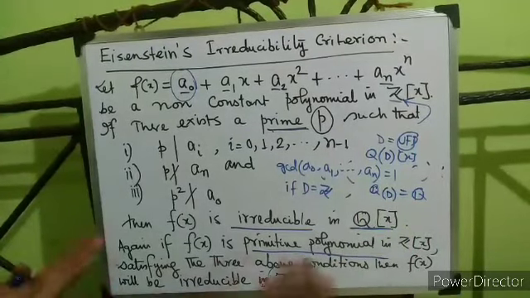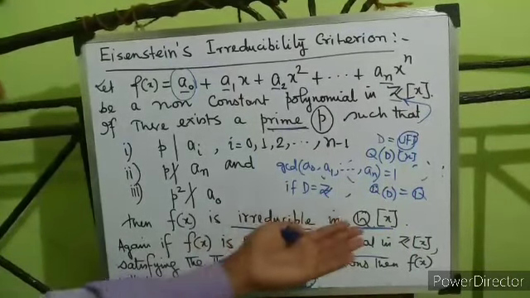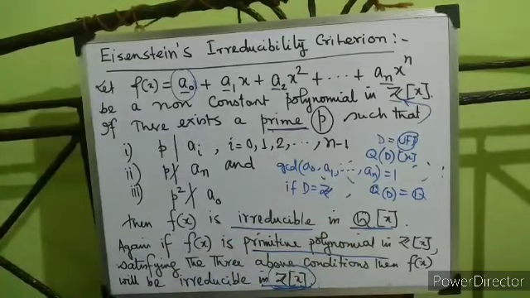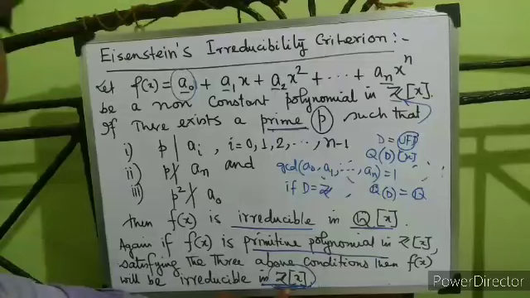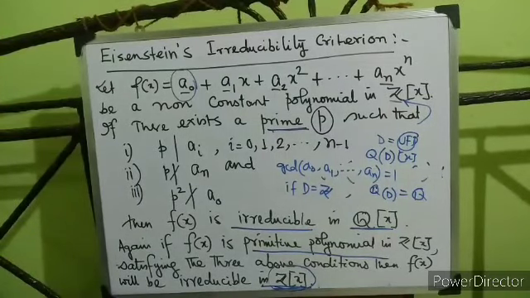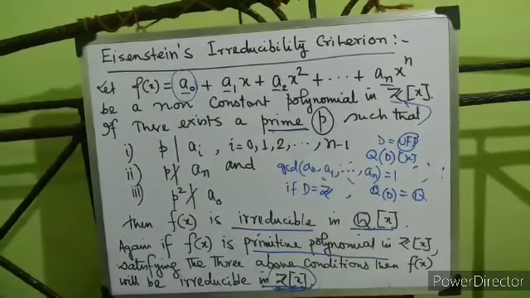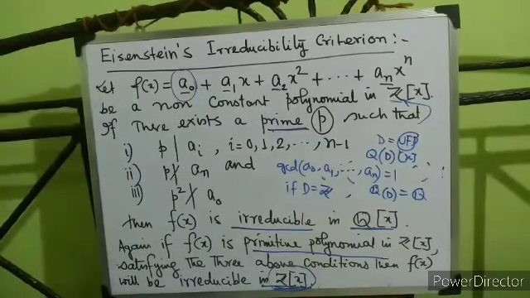It is also irreducible in Q[x], but more specifically we say that f(x) is irreducible in Z[x]. Okay, this is Eisenstein's irreducibility criterion.